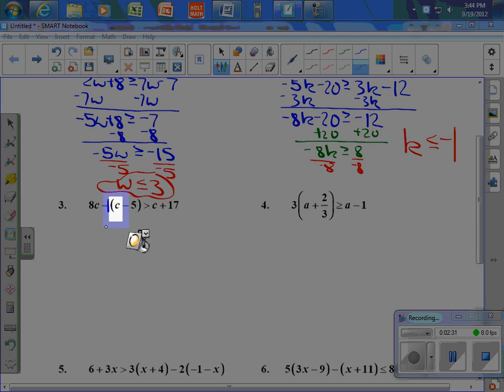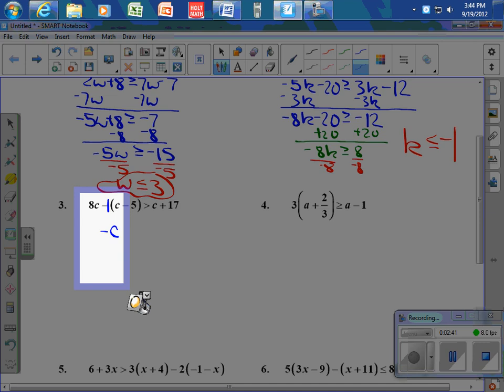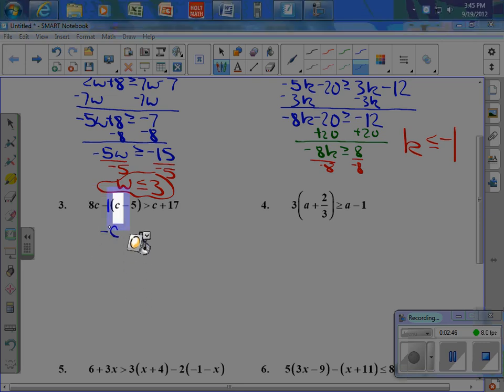I see this negative 1 right here that I need to multiply times this c. What is that? Negative 1c. Although I don't write the 1, I just write negative c. Negative 1 times c, negative c.